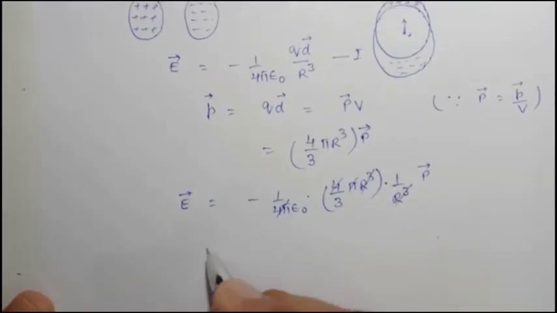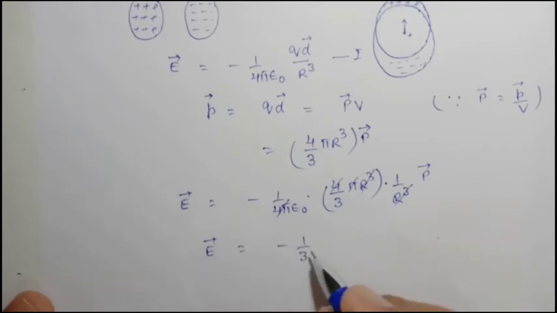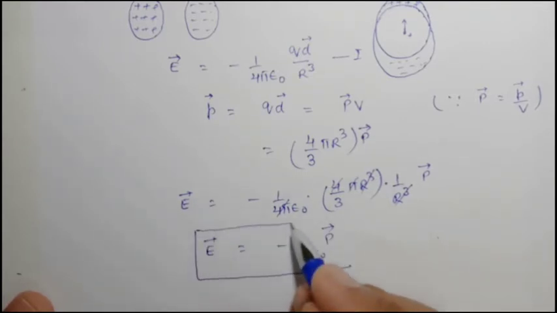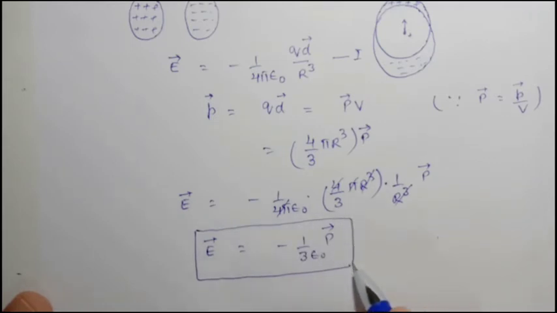As a result we get E equals 1 over 3 epsilon naught P. So electric field is equal to 1 over 3 epsilon naught P.